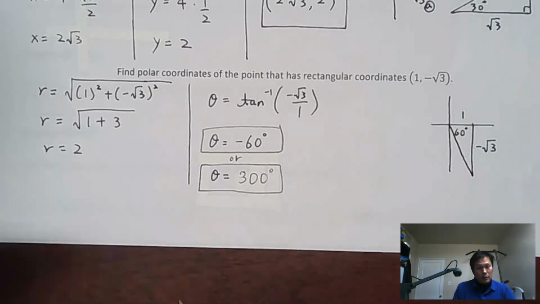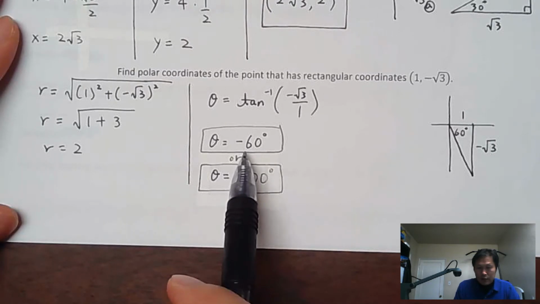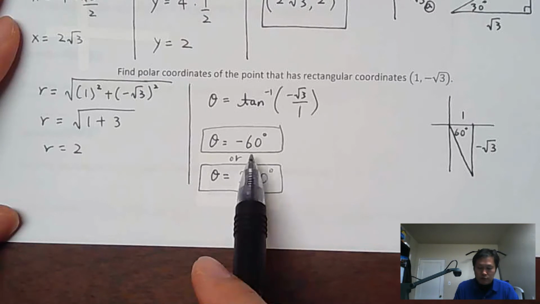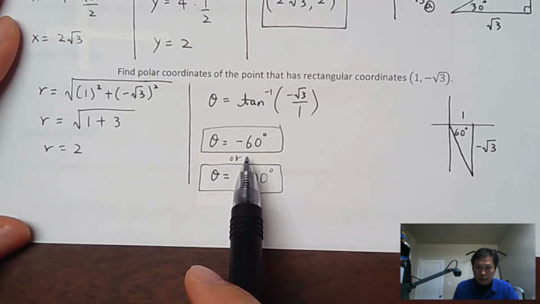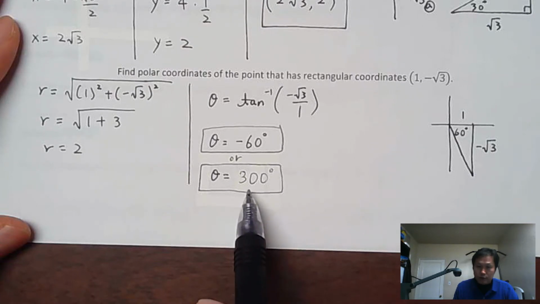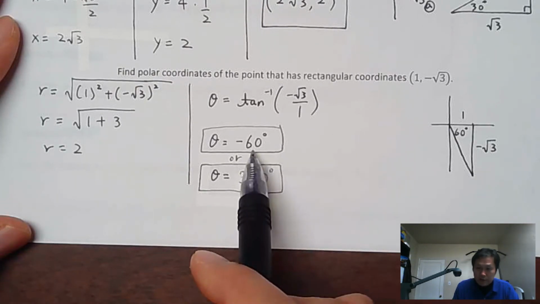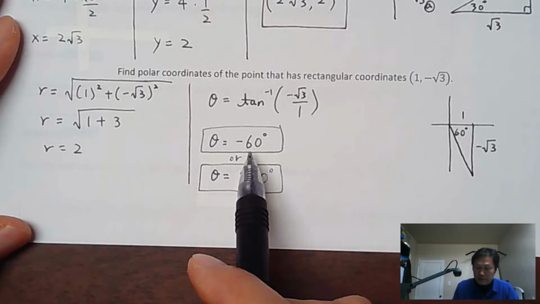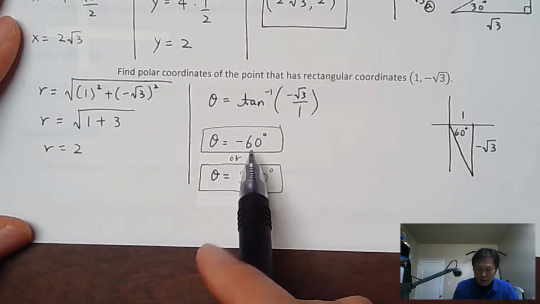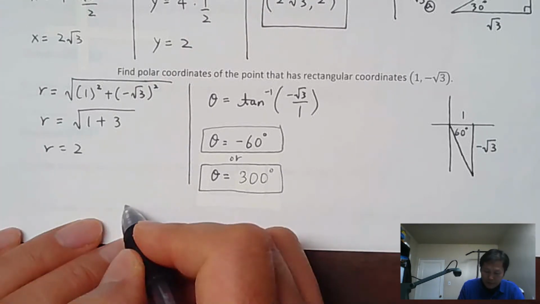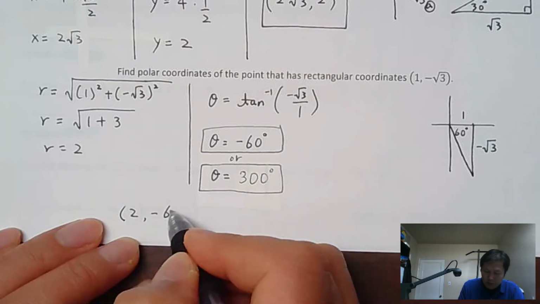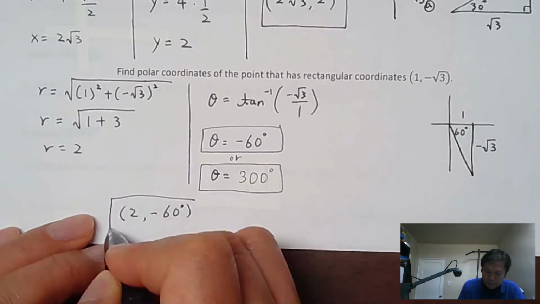I think ALEKS takes a positive angle. So if you write minus 60 degrees and you get it wrong, probably you want to find the coterminal angle by adding 360 to minus 60, then you get 300 degrees. You can add 360 or subtract 360 as many times as you want. So your answer could be 2, minus 60 degrees.